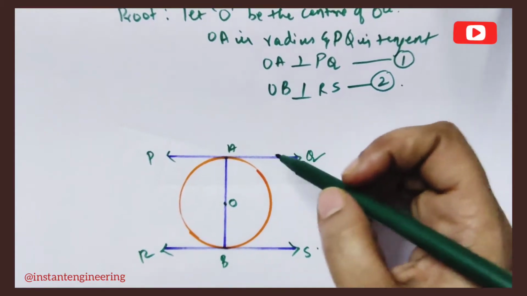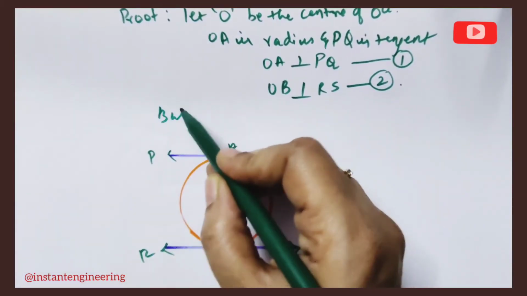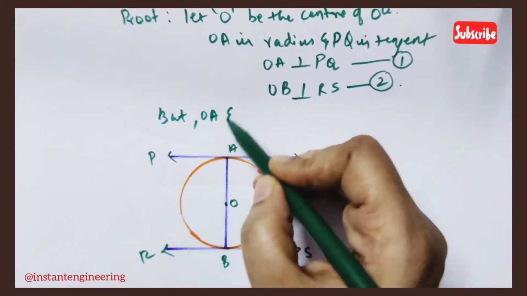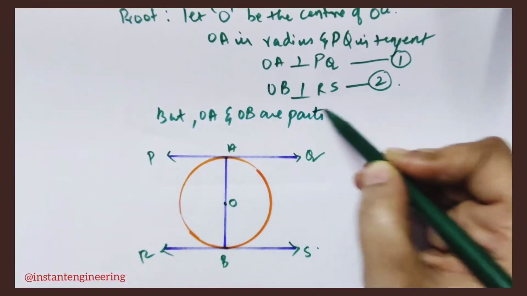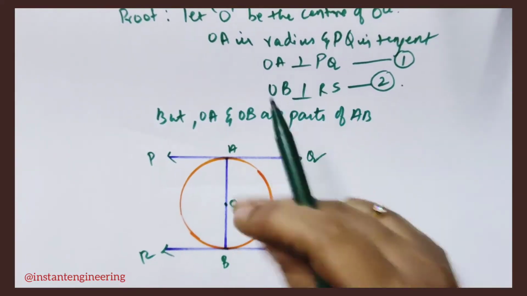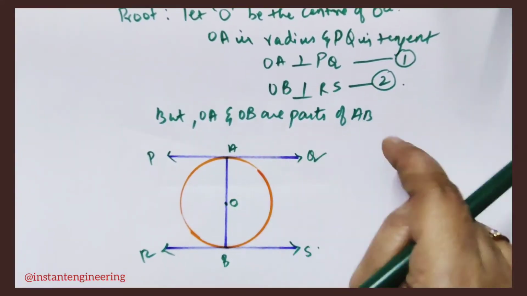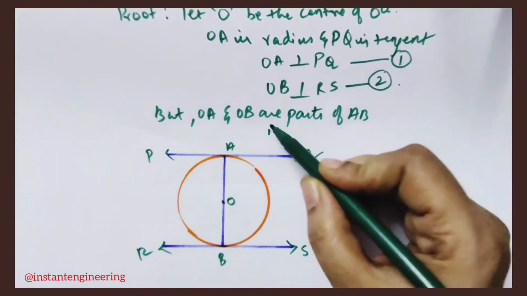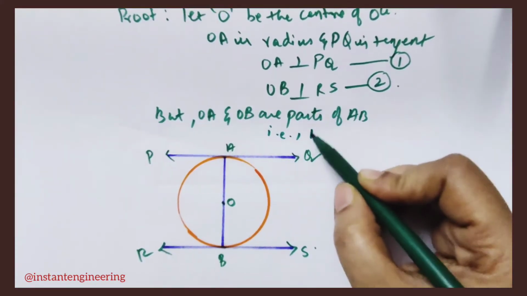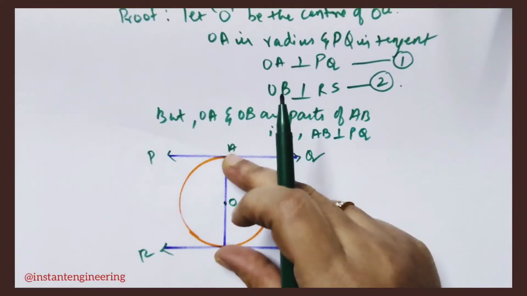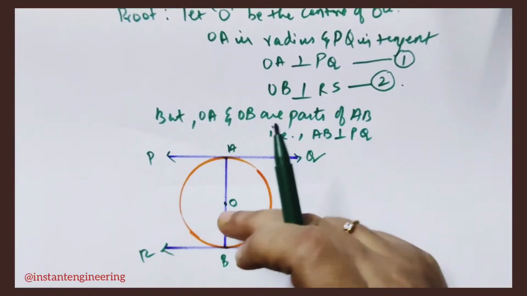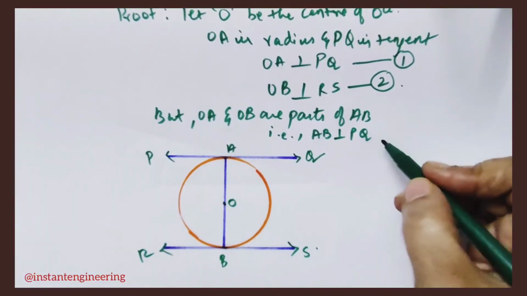But OA and OB are parts of AB. This complete line consists of OA and OB, right? So from this you can say that AB is perpendicular to PQ, meaning this whole line is also perpendicular to PQ.